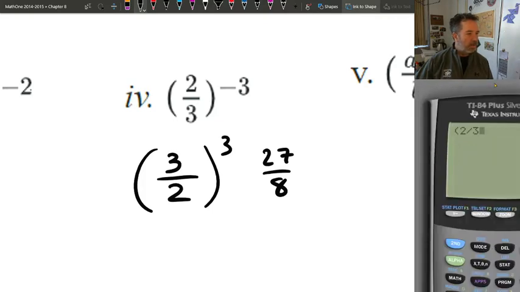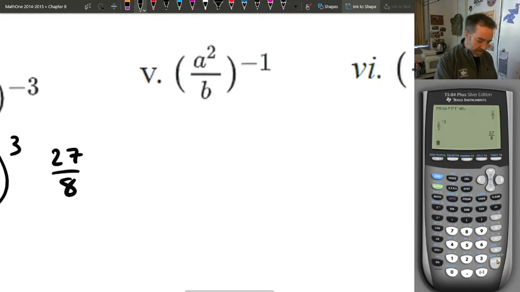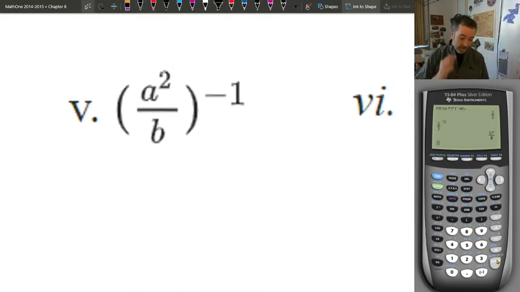Whoops, my apologies. 2 divided by 3. And then I'm going to take that and make it a fraction. And then let's kick that to a -3rd power. And watch, here comes 27/8. Just like magic.